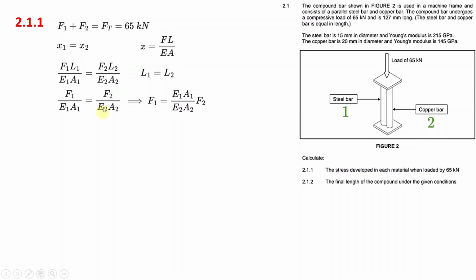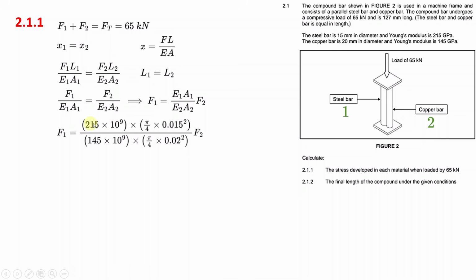And that is why you see here, I had to write an expression for the force in terms of F2, so that when I find F1 in terms of F2, then I can plug it into this equation and solve for F2. Okay, so let me plug in the numbers in this. And so if you do that, this is what you will get.